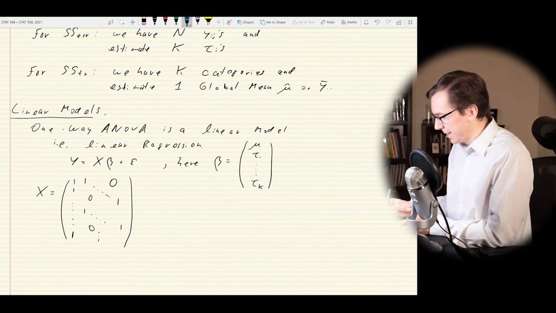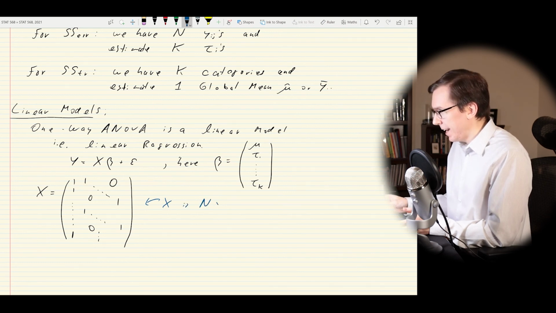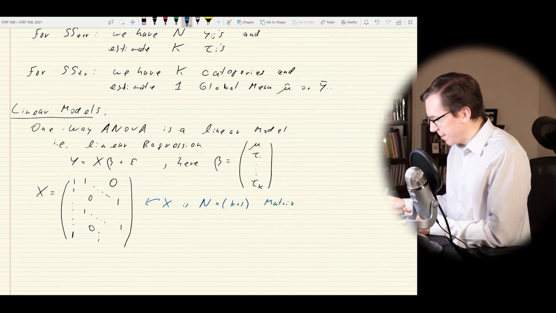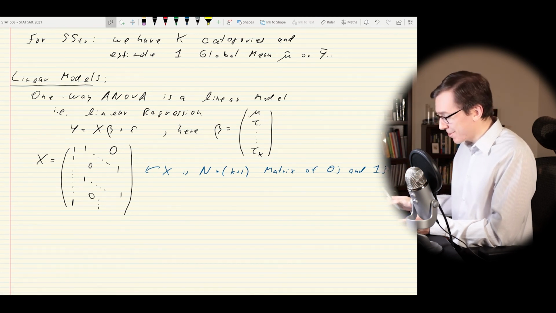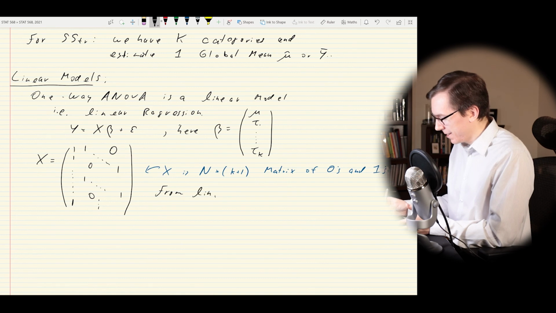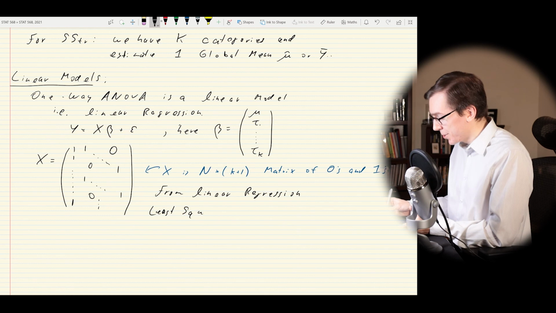But effectively, x is a capital N by k plus 1 matrix of zeros and ones. Great. And from linear regression, we have the least squares estimator, which is effectively what we're trying to do.